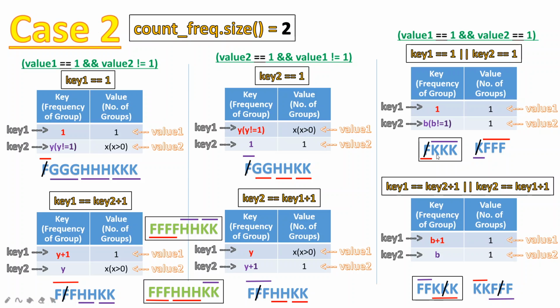So we just check if we have a value equal to one and the corresponding key is greater than the other key. It doesn't matter which key is greater than one because both of the values are equal to one. So it's sort of like a bonus case.